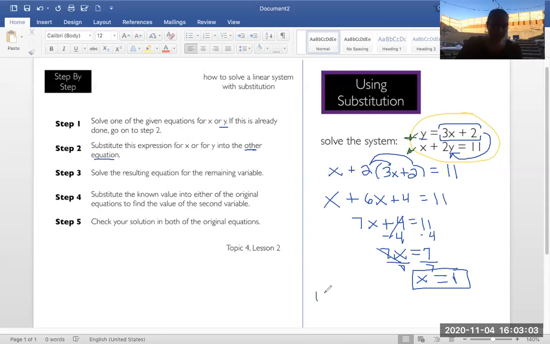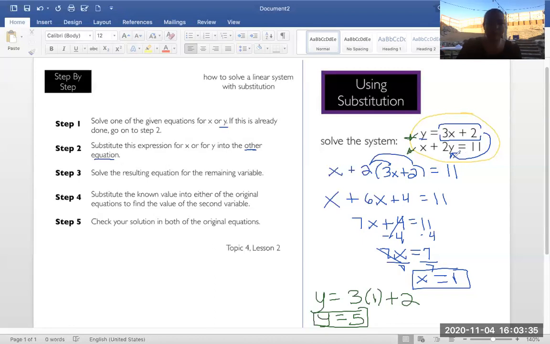So now we're trying to find the y value. We have x, now we need y. Well, y equals 3 times x, and we know what x is. It's 1. So 3 times 1, and then plus 2. Well, that tells us that y equals 5. 3 times 1 is 3, plus 2 is 5. So we now know the x and y value that are going to make both of these equations true.